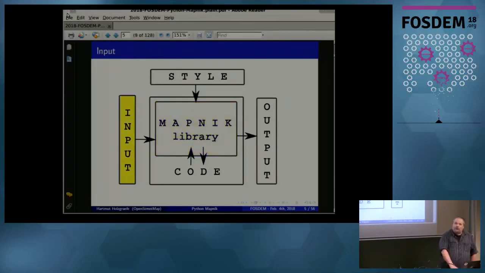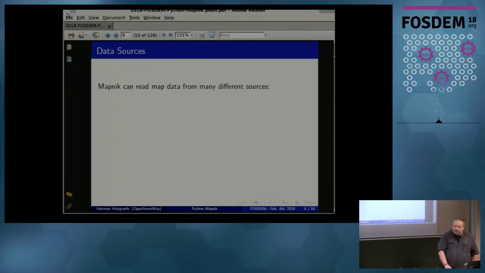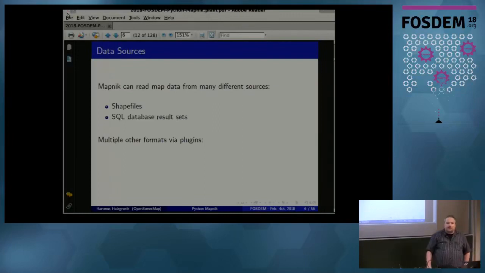So first, on the input side, we can read several different map data formats like shapefiles, which is a specific geospatial file format, or we can read geospatial data from different databases, mostly PostGIS, but also the GIS data that MySQL MariaDB can provide, and also what SpatiaLite, the spatial-enabled version of SQLite, can provide.